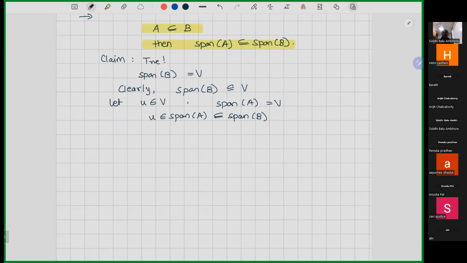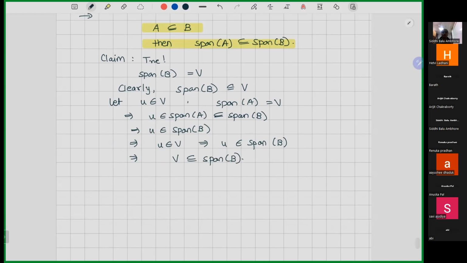Even if you don't know how this happens and you do not want to ask right now, please carry out this simple exercise. You will get that span of A will be contained in span of B. So this implies U belongs to span of B. So U in V implies U belongs to span of B. This implies V is contained in span of B. Okay, clear?